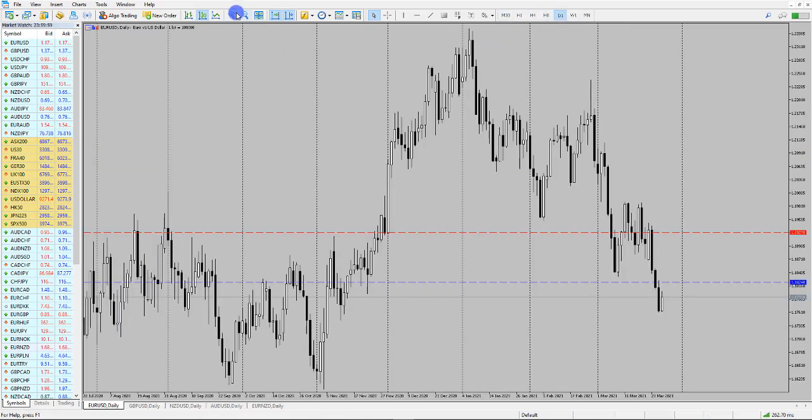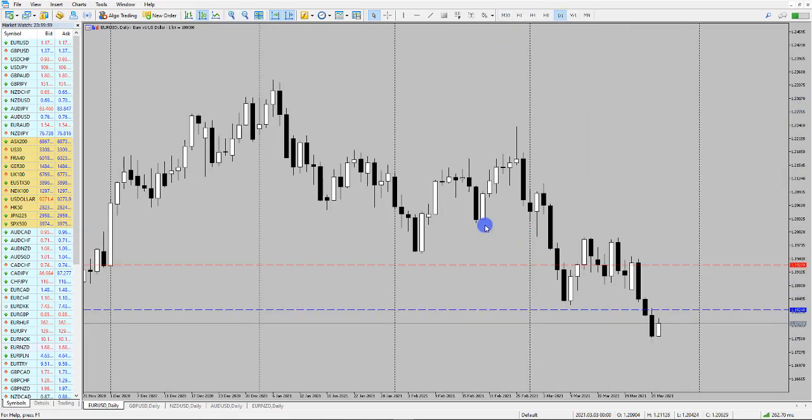Now, daily time frame, impulse, correction, impulse, correction. Currently in an impulse phase. We could be starting a correction phase just because of this candlestick formation here, and if price was to break back above this key level of 118.42, I think that we could see price heading back towards this key resistance level of 19.27.